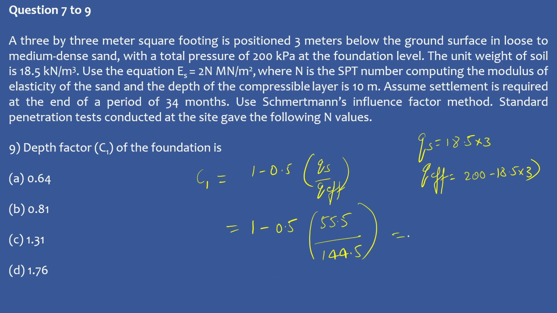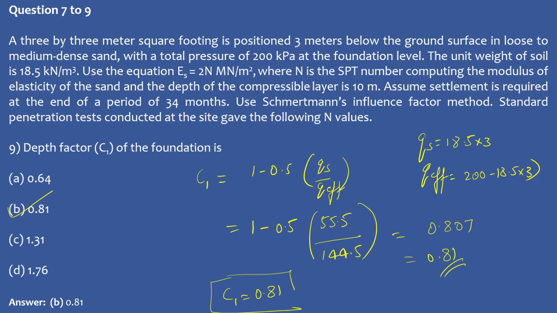So your C1 value will be 1 minus 0.5 into 55.5 divided by 144.5. I'm getting 0.807, which is 0.81. So your C1 value is 0.81. So the answer is B.